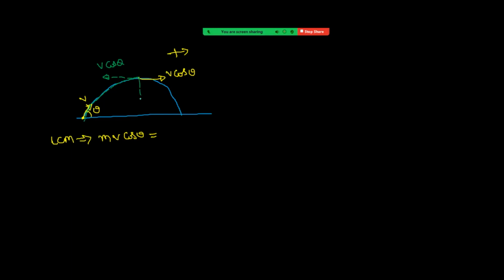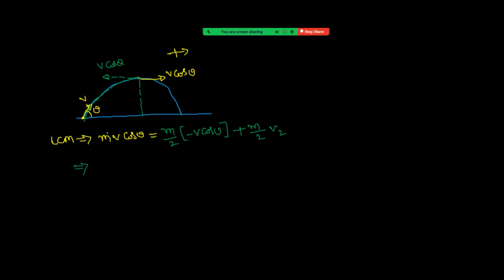Because with velocity v cos theta it covers a distance R by 2, so if it is to the left, it covers R by 2 retracing the path. So here I can write m by 2 into minus v cos theta, plus, for the remaining fragment, we have to calculate the velocity, so m by 2 into v, which we have to calculate.